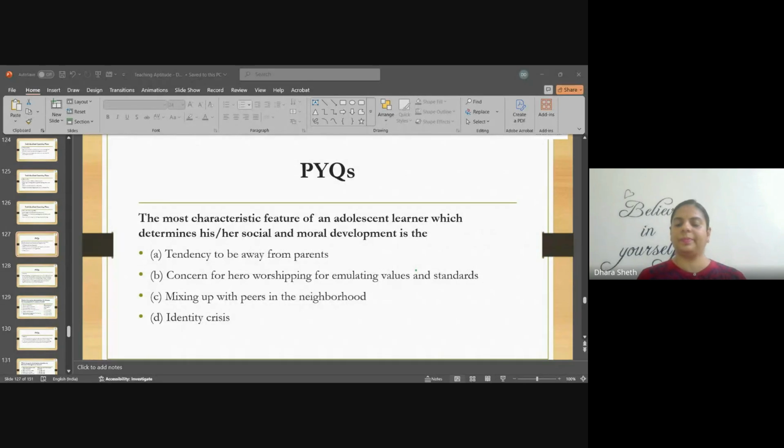Okay. And this question has been asked at least twice. Different options, different language, but they say that the most characteristic feature of an adolescent learner is hero worshipping, and that is what determines their social and moral development, because whatever heroes they have, they will follow them.